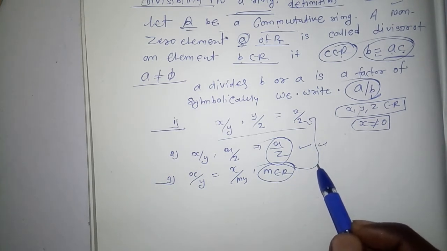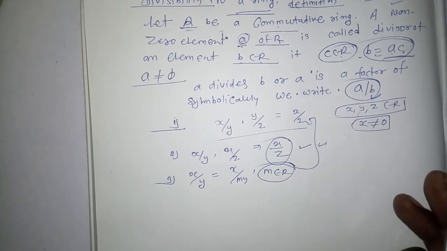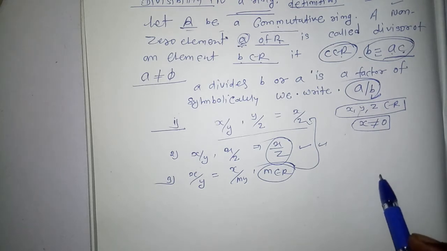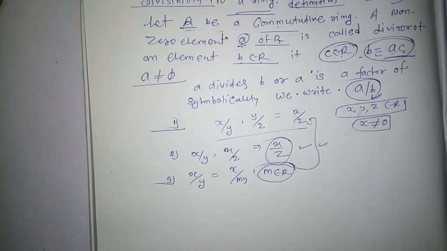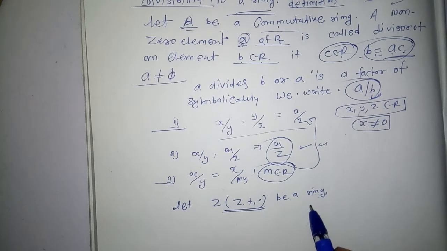We can prove them according to the divisibility property in a ring, students. Now, as an example, let Z with plus and dot be a ring.